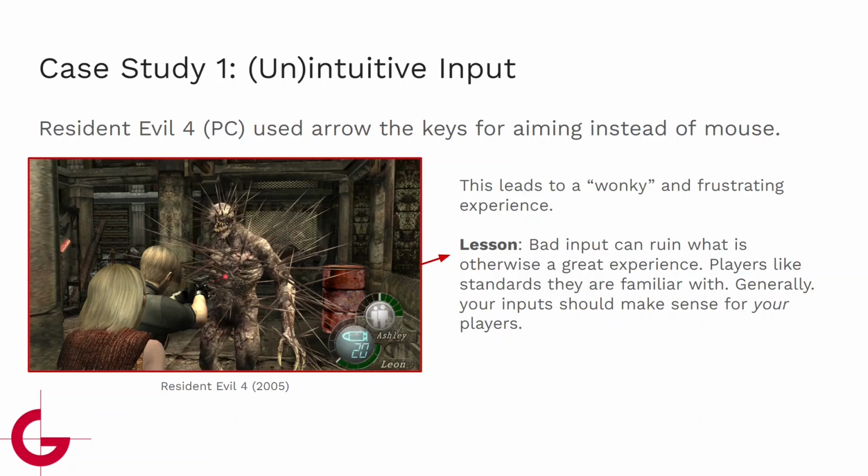They said it's wonky and a frustrating experience because they have come to expect that aiming should be done with the mouse. So, lessons learned: a bad input mapping can ruin what is an otherwise great experience, right? Resident Evil 4, I really like it. Players like the standards that they are already familiar with and they expect it, and they won't be happy if this standard is broken.